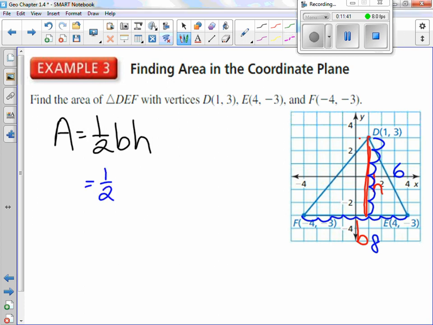So we have 1/2 of what? 1/2 of 8 times 6, yes? Can I rewrite that as 1/2 of 6 times 8? Yes. Multiplication doesn't matter, does it? The order? So we can plug this in, or we can do it in our head. That's 1/2 times 8. What's half of 8? 4 times 6.